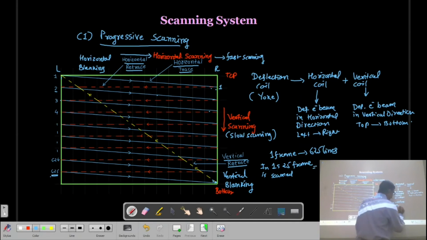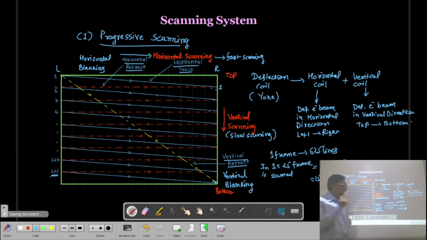Means the number of lines will be 625 into 25, and therefore the total will be 15,625 lines going to be scanned in 1 second.